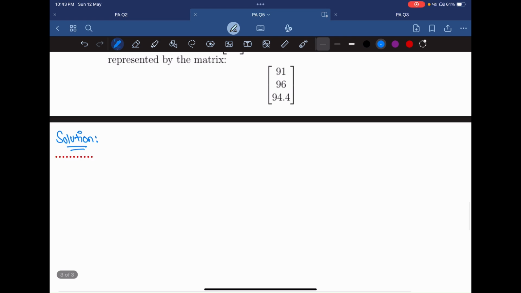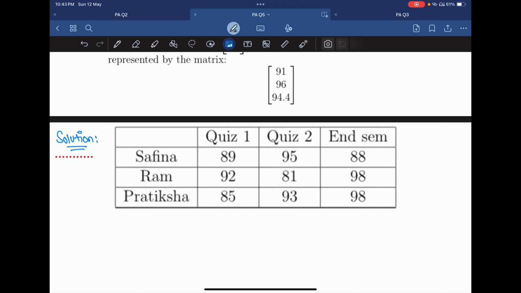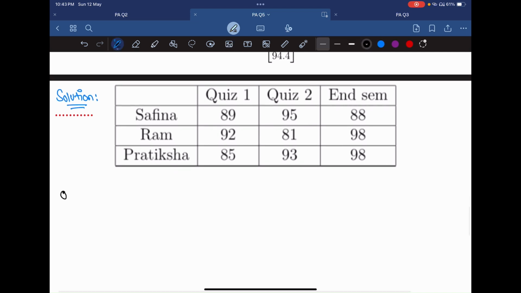So the marks that are given to us are as follows. Now, option 1 and 2. We are taking the 20% of quiz 1 marks, 20% of quiz 2, and 60% of NSEM marks. Now, first, their marks, we can represent them in the matrix form like this.